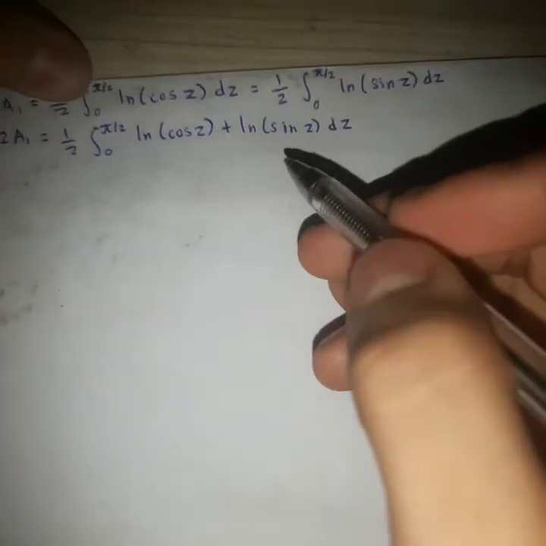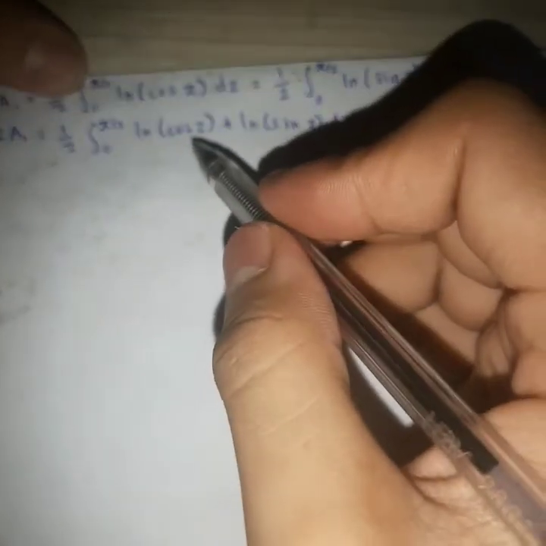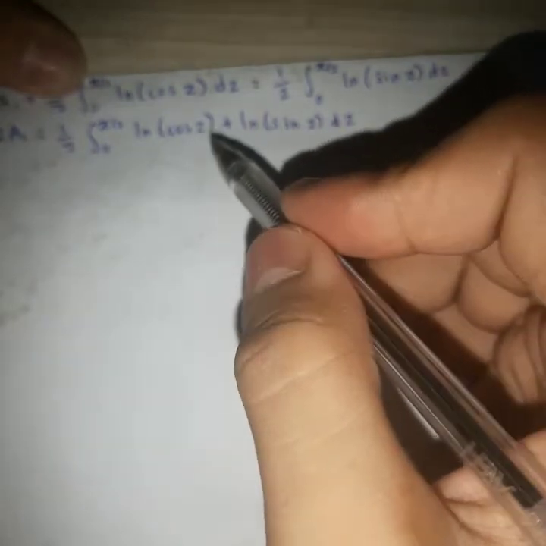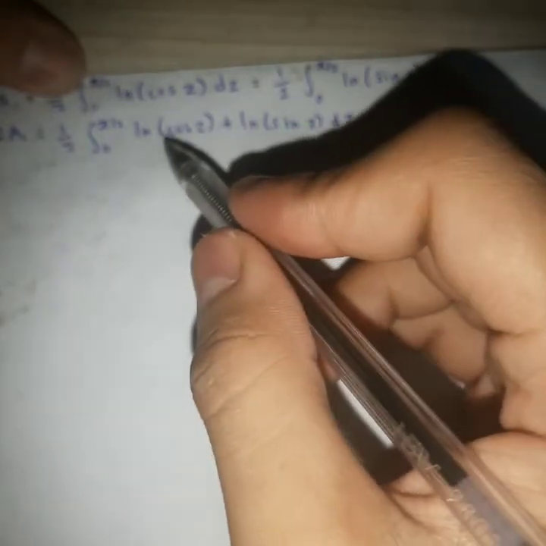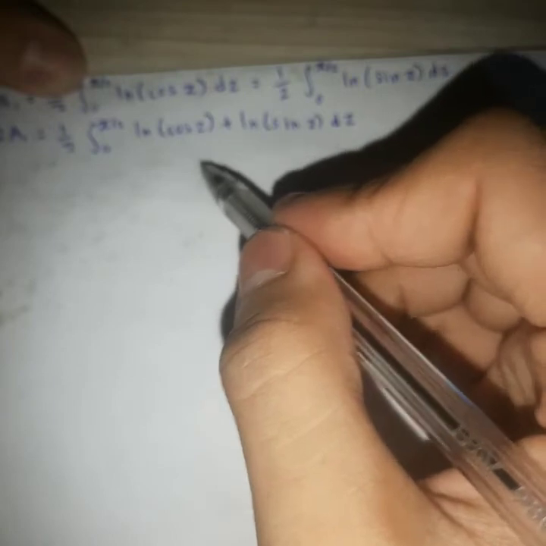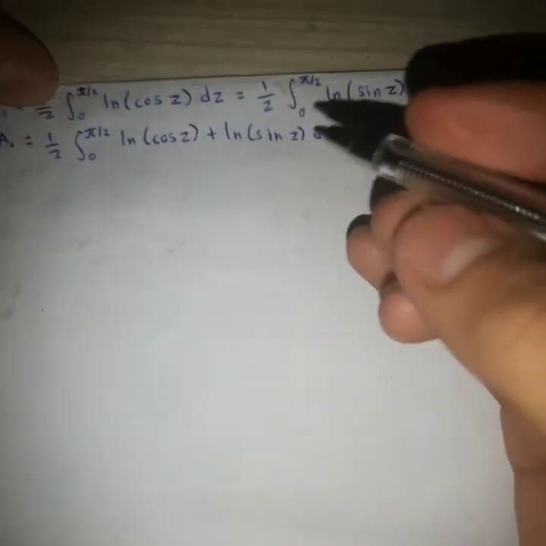So we know from the natural logarithm rule that ln a plus ln b is just equal to ln of a times b.